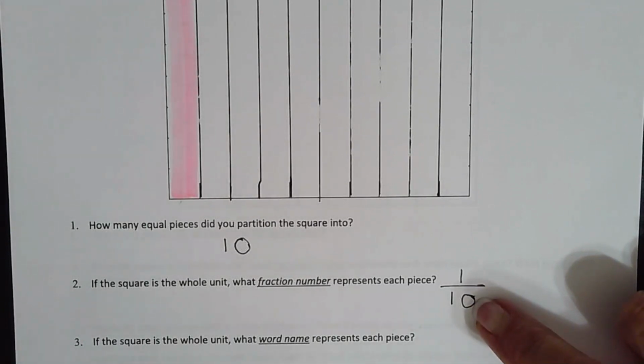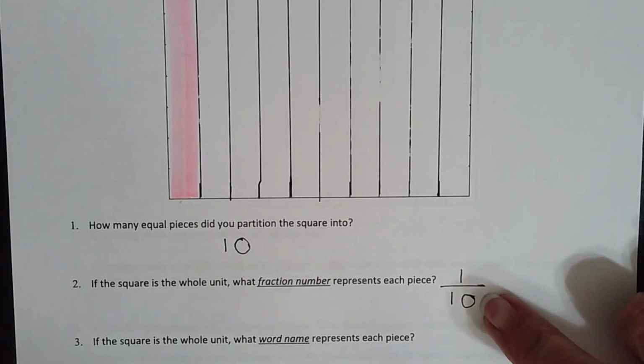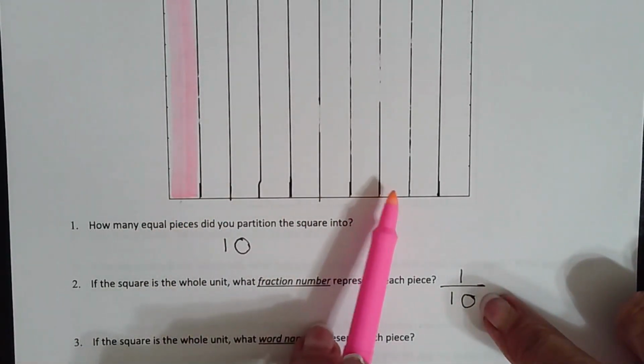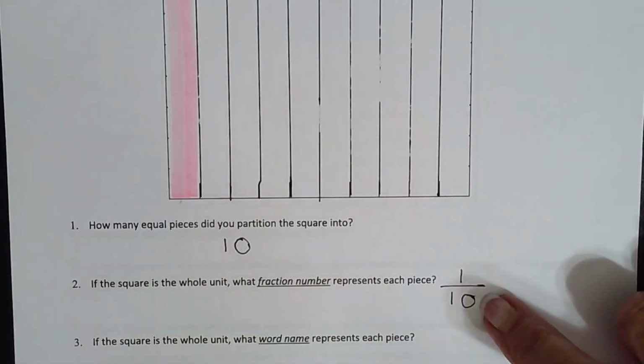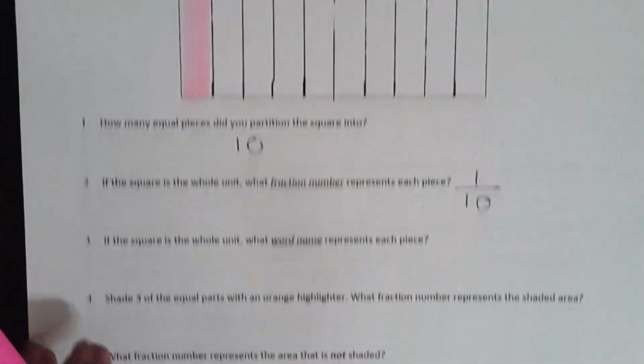And that's how we write a fraction. The top number is how many are colored in. The bottom number is how many intervals or partitions we have. 1, 2, 3, 4, 5, 6, 7, 8, 9, 10. So 1 out of 10 is colored in.